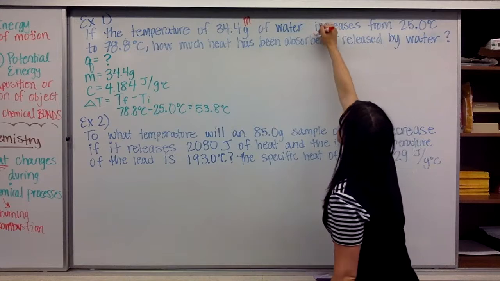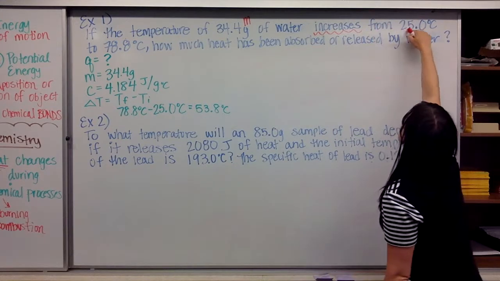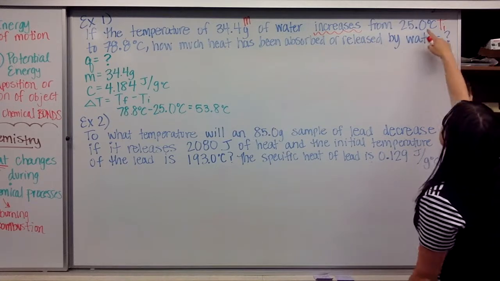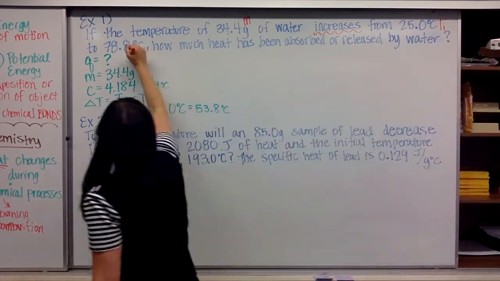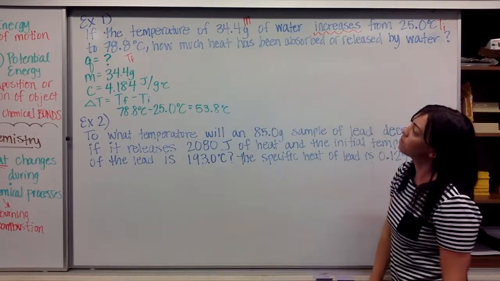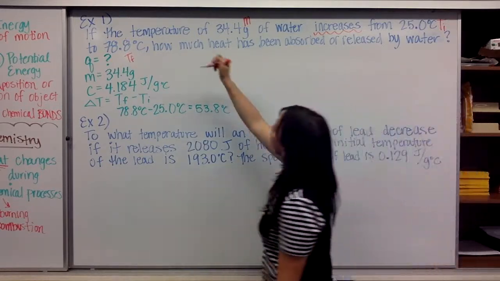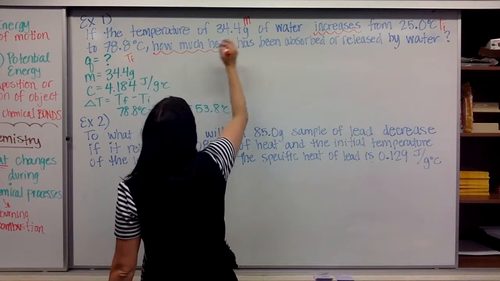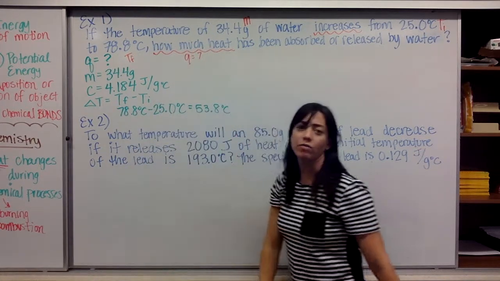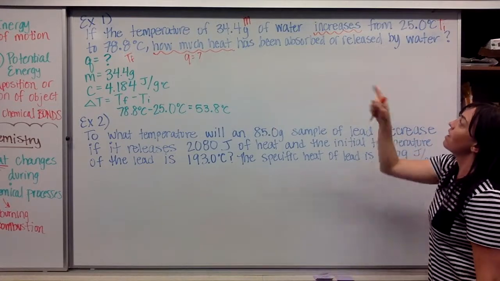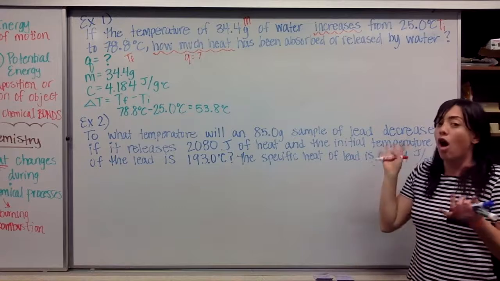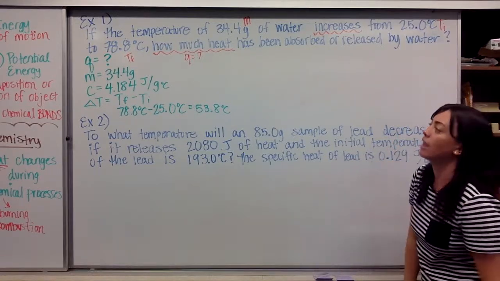And so we can see that it says increases. So we know that this was our T initial. T initial was 25 degrees Celsius, whereas T final was 78.8 degrees Celsius. How much heat, this is my Q value, what I'm looking for, has been absorbed or released by water, okay? So all of my givens are right there already.